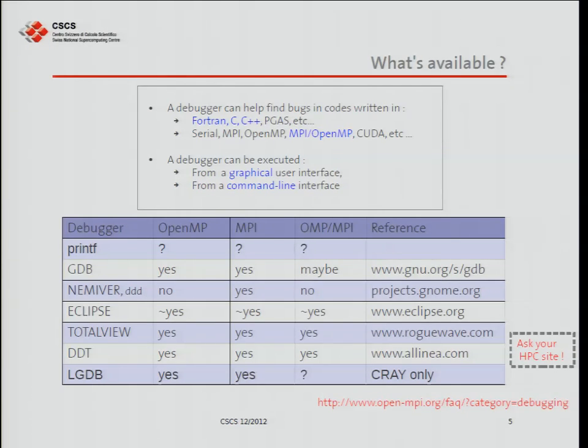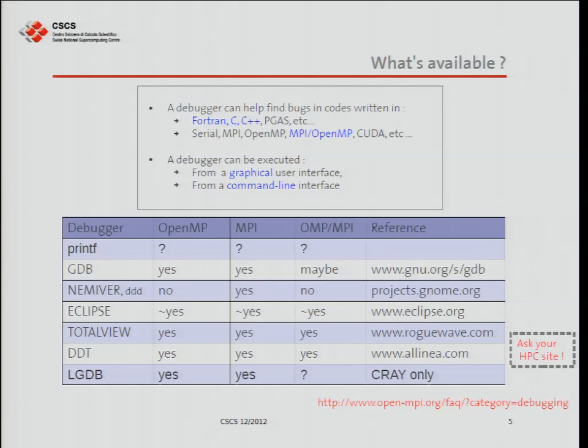The most simple debuggers are command line interface, and the most advanced ones have a nice graphical interface. But the problem with some of them is that you have to buy them, so they need a license.